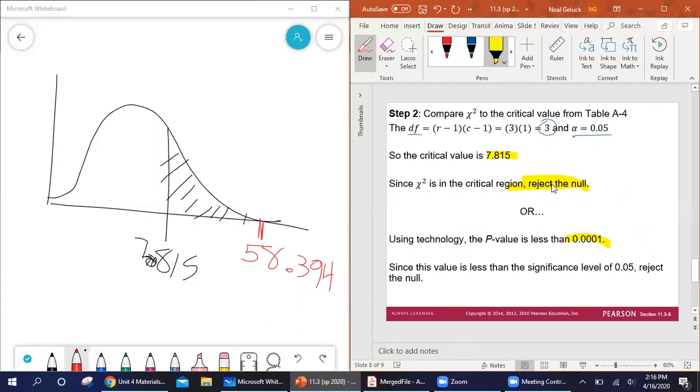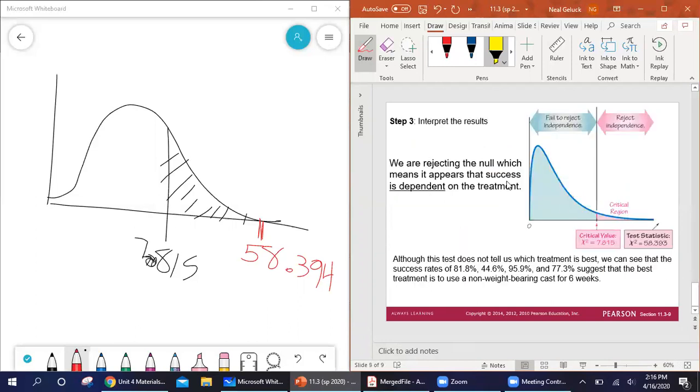Now, what's important to remember is what the actual null is. The null was that these two things are independent. So we are rejecting independence, which sounds weird, but rejecting independence means basically we are saying that they are dependent.